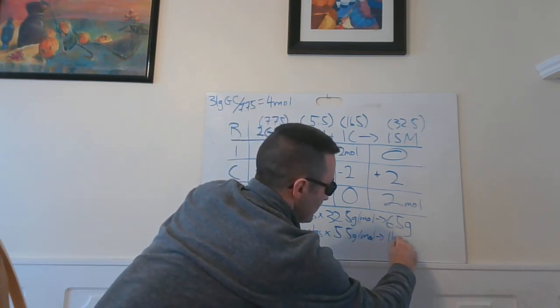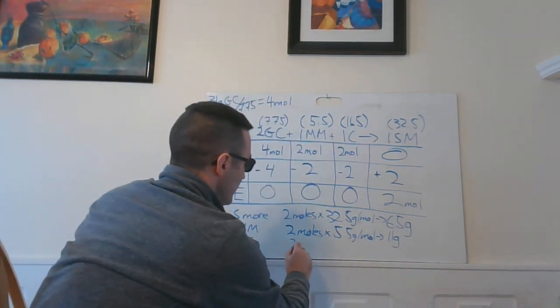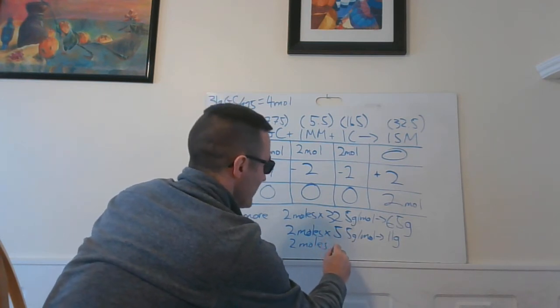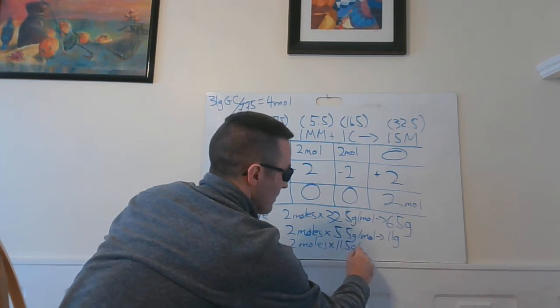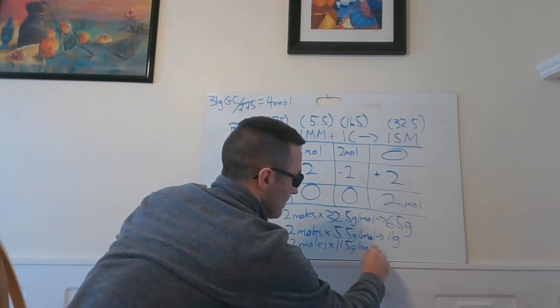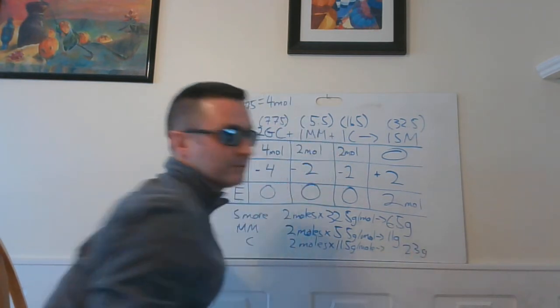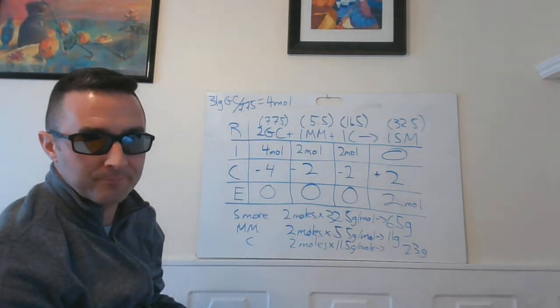That's 11 grams. And the same thing with your chocolate. You needed 2 moles. It has a mass of 11.5 grams per mole. That's 23 grams. You guys did this the last time.